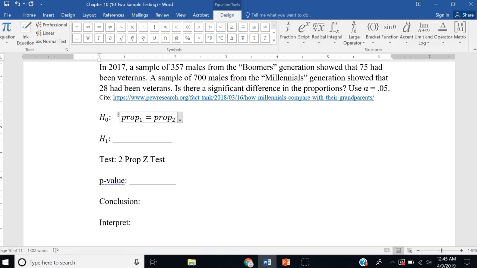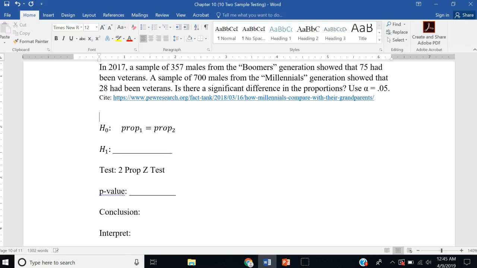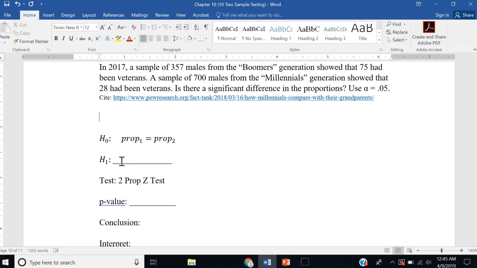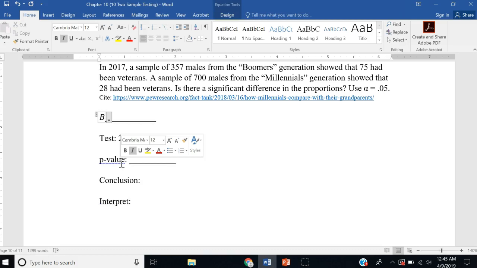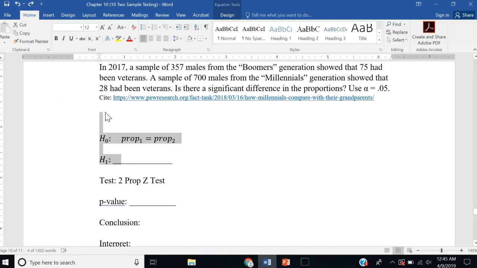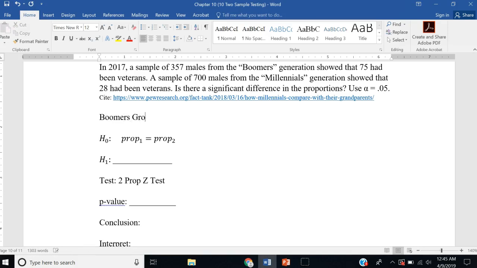Now, which one are we calling group 1 and which one are we going to call group 2? Let's call the boomers group 1, and the millennials group 2.